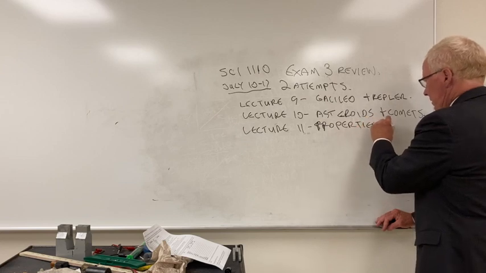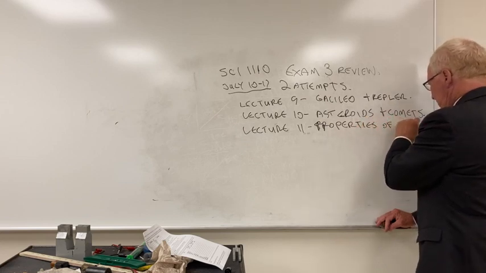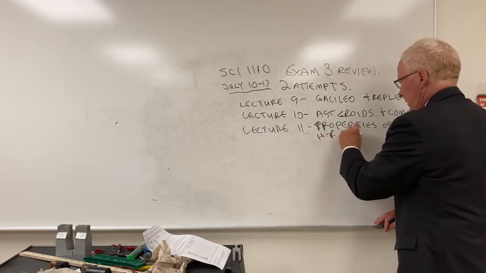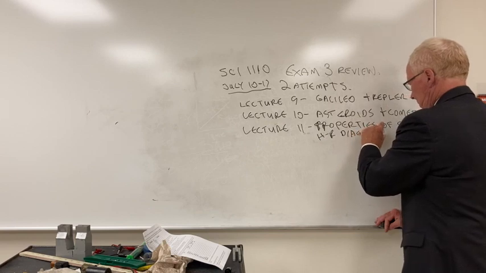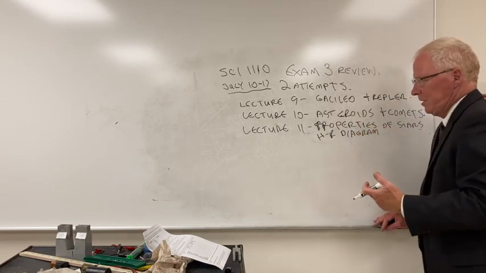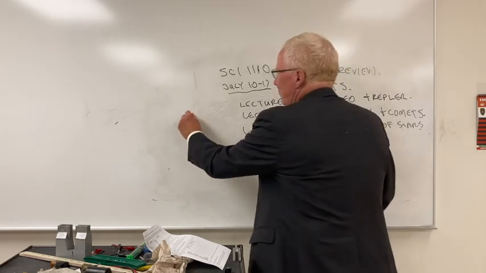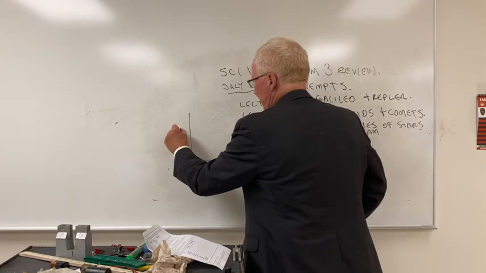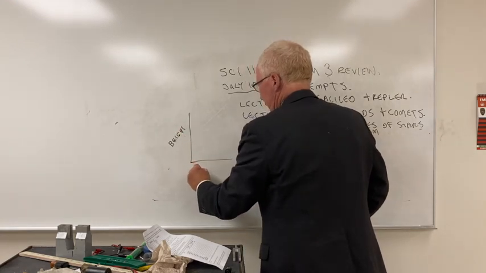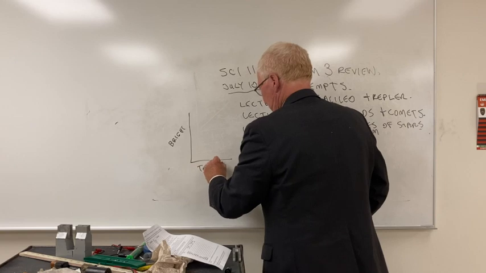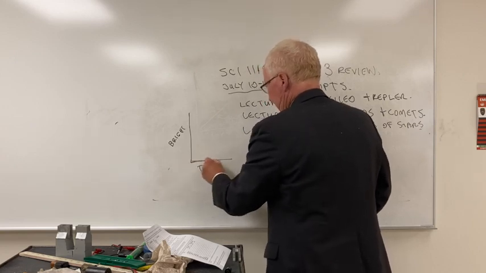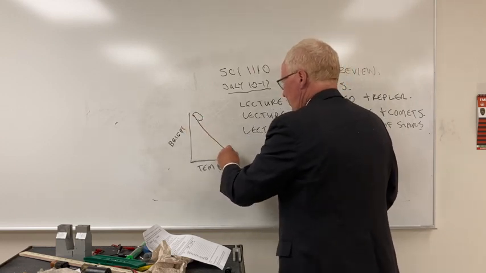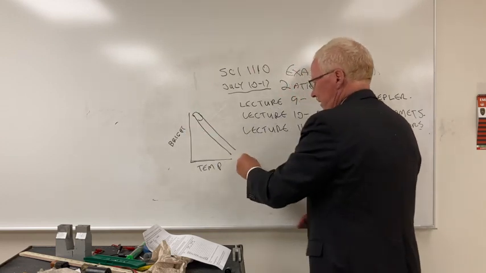Properties of stars. This includes the HR diagram. If you look at the HR diagram, which plots brightness against temperature on the scale, the main sequence stars are on this line here.